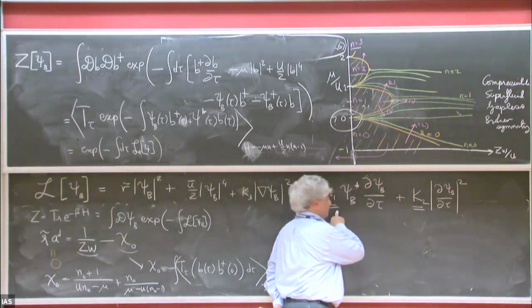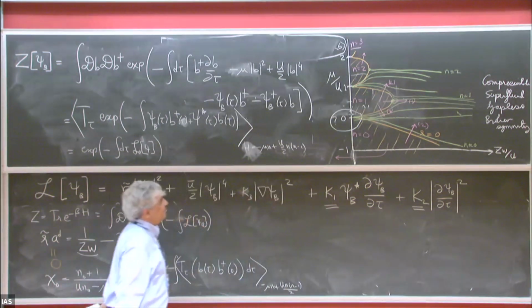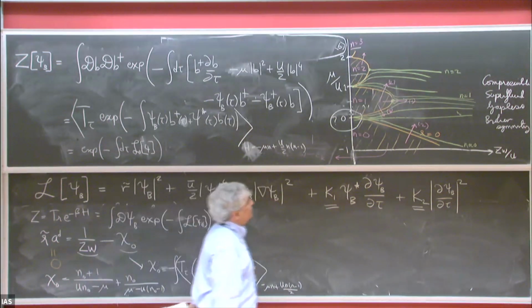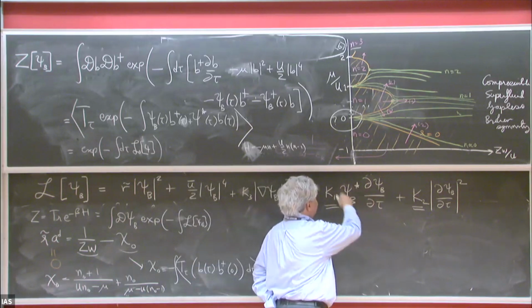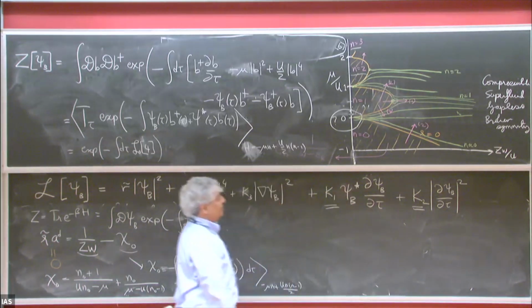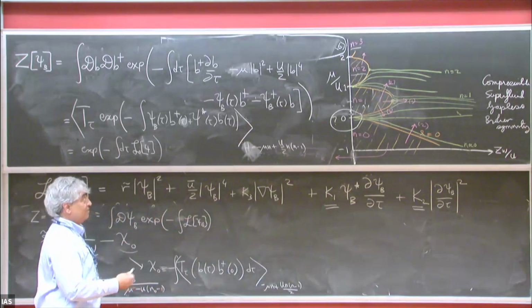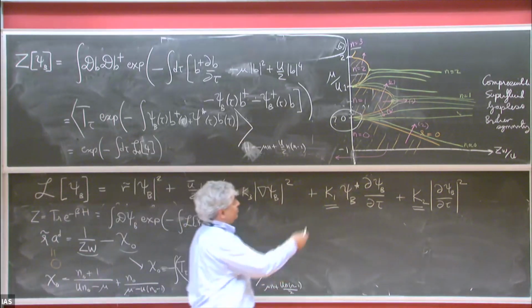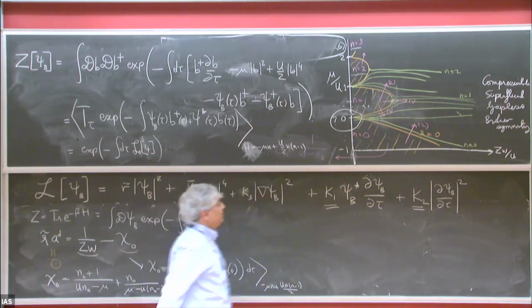However, when K1 is negative, you get the same theory, except this has an opposite sign. That's simply telling you we're dealing with holes rather than particles. And that will be the phase transition of type 3.